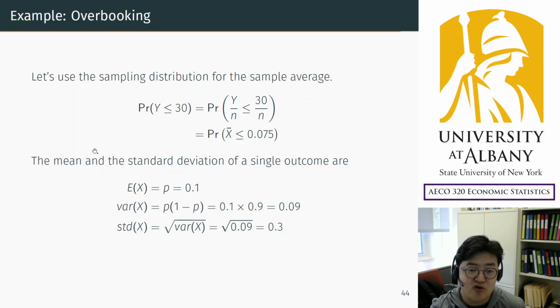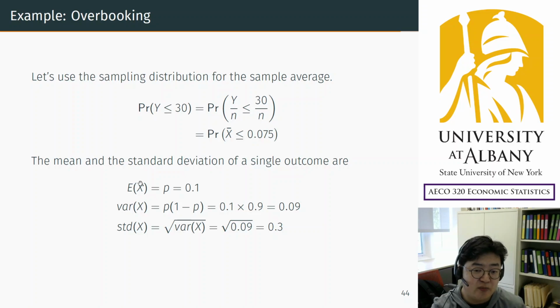Then the first thing you need to do is to calculate the mean and the standard deviation of a single outcome. The single outcome here is about one reservation, which is a binary distribution. So it is pretty simple. You can apply the mean and the variance formula for binary distribution.